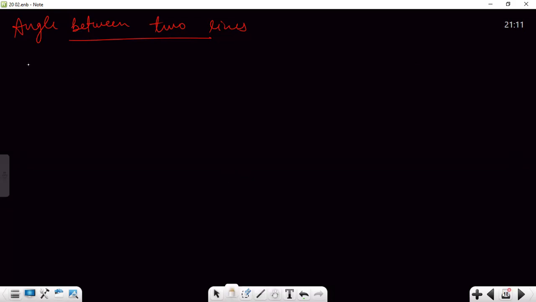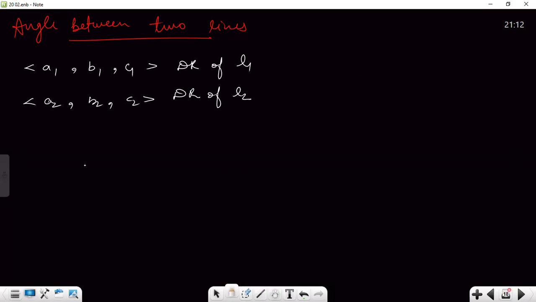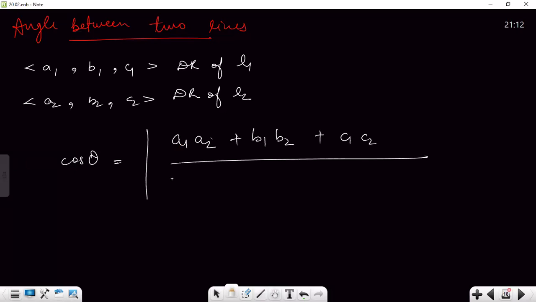If we have the direction ratios, let's say A1, B1, C1 are the DRs of line 1 and A2, B2, C2 are the DRs of line 2, then the cosine of the angle between them is simply (A1A2 + B1B2 + C1C2) divided by the square root of (A1 square plus B1 square plus C1 square) times the square root of (A2 square plus B2 square plus C2 square).